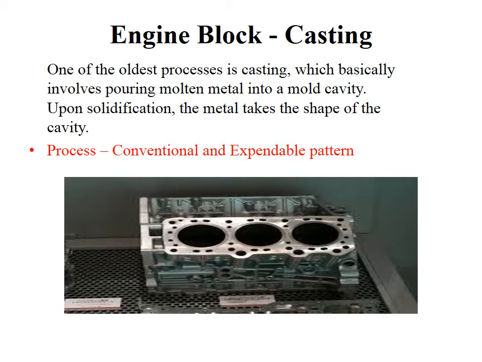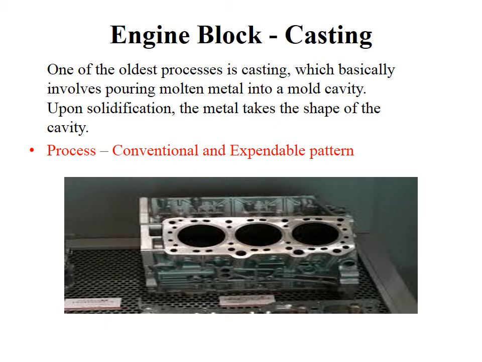If you see this process, there can be two different ways of doing it: first by using a conventional pattern, and second by using an expendable pattern. A conventional pattern is nothing but a permanent mold pattern, but expendable, as the name suggests, is anything that can be easily destroyed after its use.